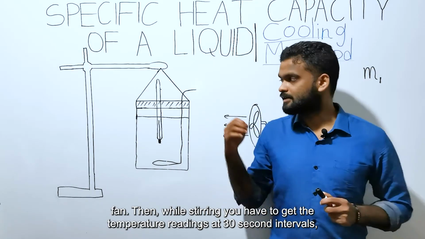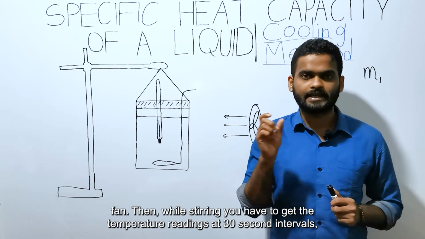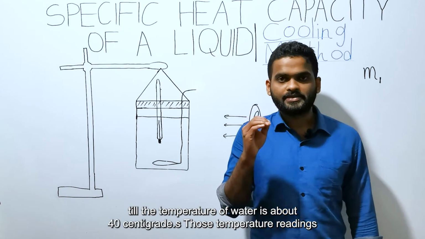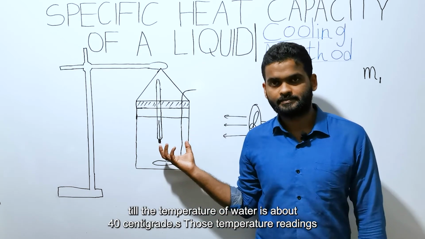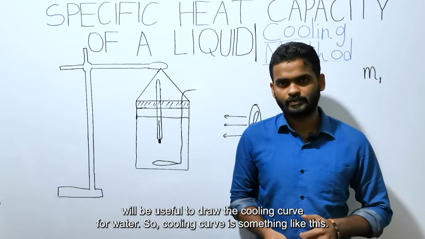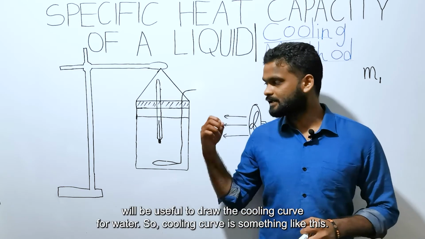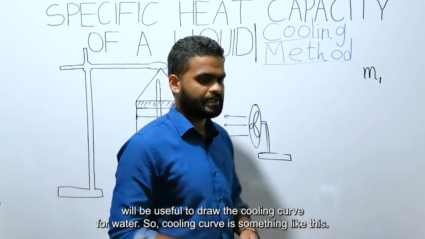Then while stirring, you have to get the temperature readings at 30-second intervals till the temperature of water is about 40 centigrades. Those temperature readings will be useful to draw the cooling curve for water. So cooling curve is something like this.